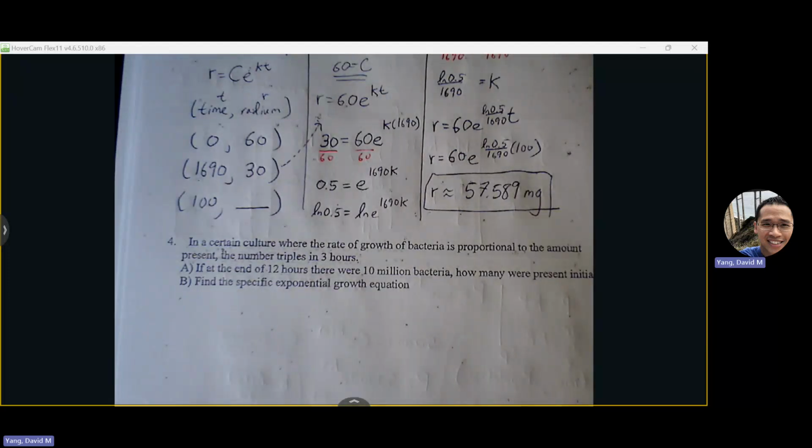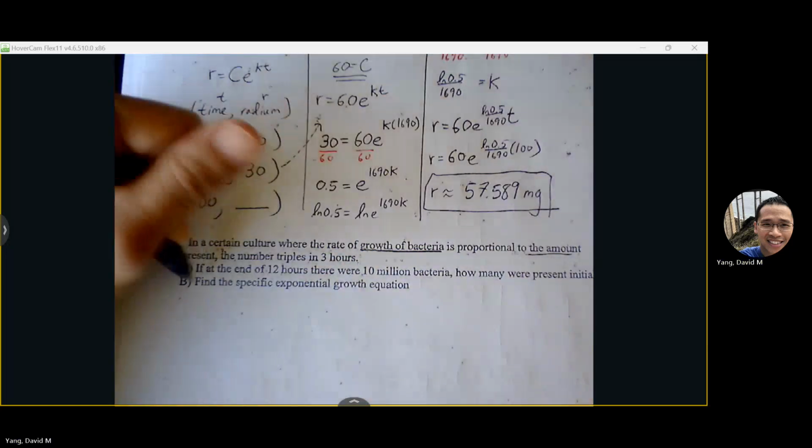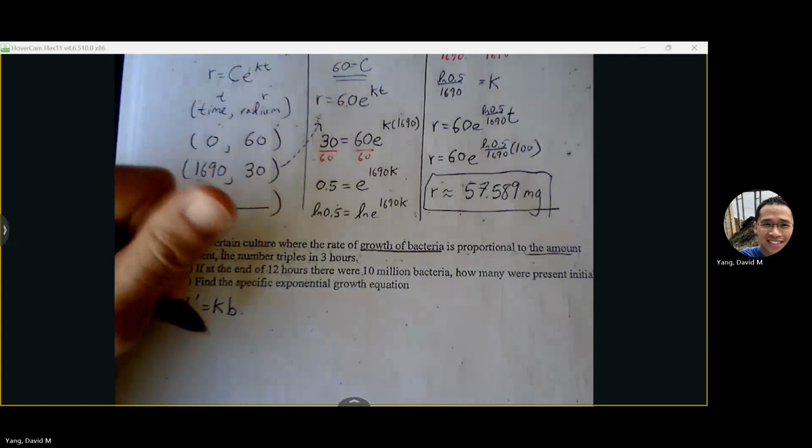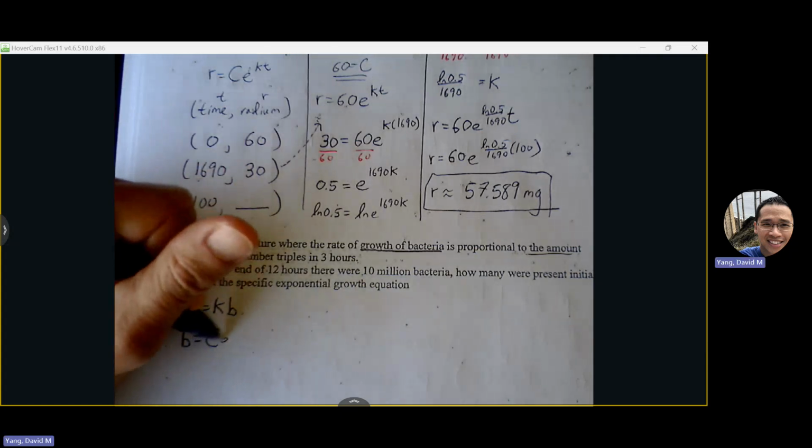So number 4, in a certain bacteria culture where the rate of growth of bacteria is proportional to the amount present. So the same relationship, B prime is equal to K times B. So B is equal to C e to the KT.